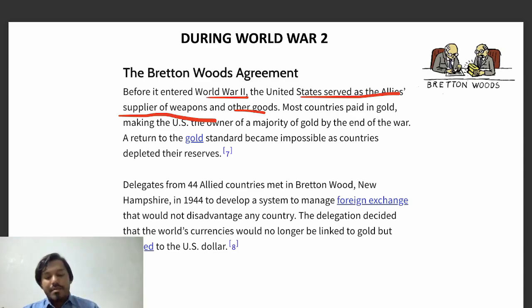So once World War II ended, the only country that is thriving, doing well economically and politically, is America. Why? After the end of World War II, America is the one country in the world that holds the highest gold reserve, almost 75% of the world's gold reserve.